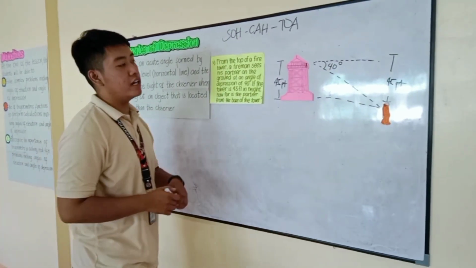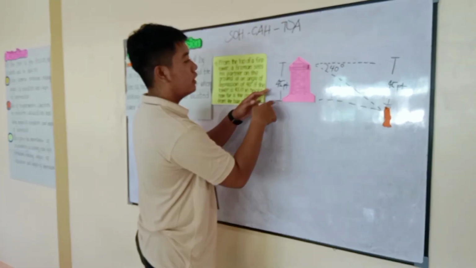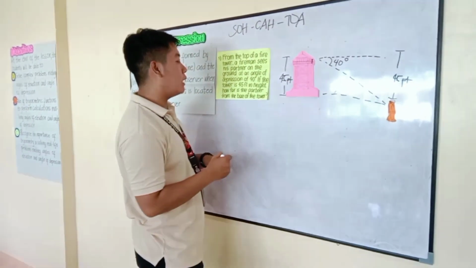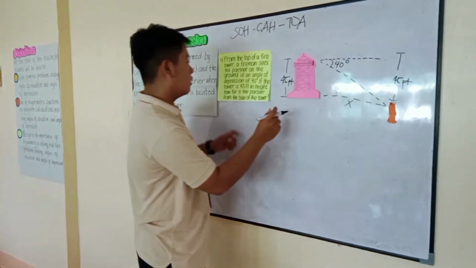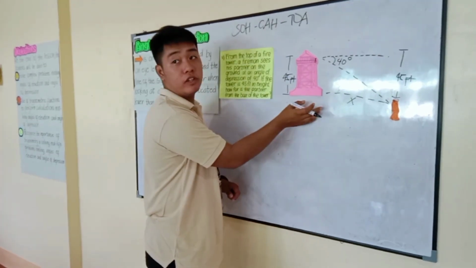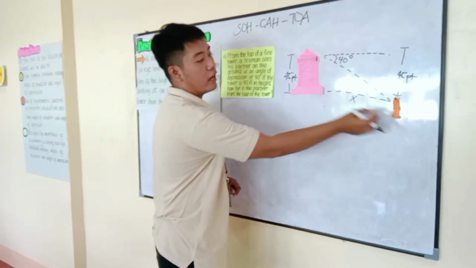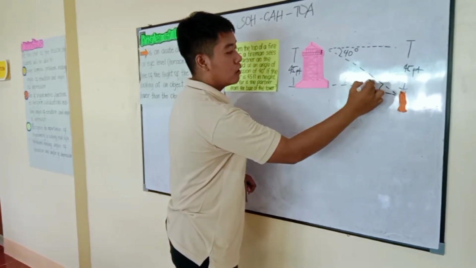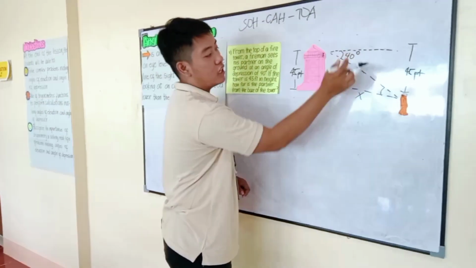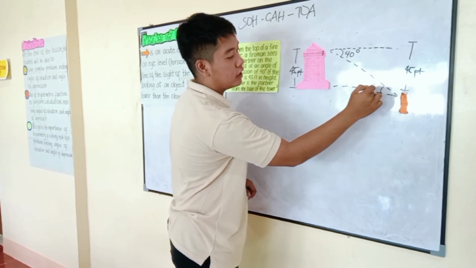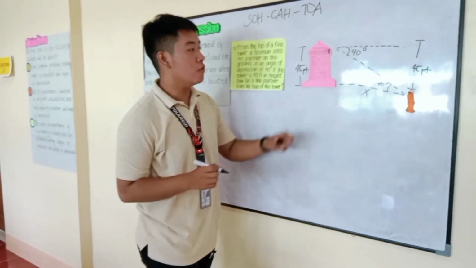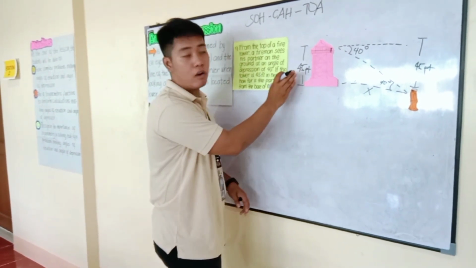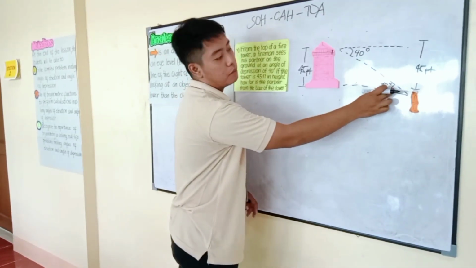Then, if the tower is 45 feet, and the angle of depression is 40 degrees, what we are looking for is here, the distance between the base of the fire tower and his partner. So, if this is 40 degrees, of course, this one here is also 40 degrees. So, the given are 45 feet, the height of the tower, and the angle of depression.